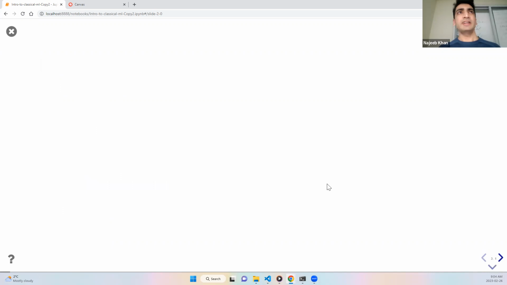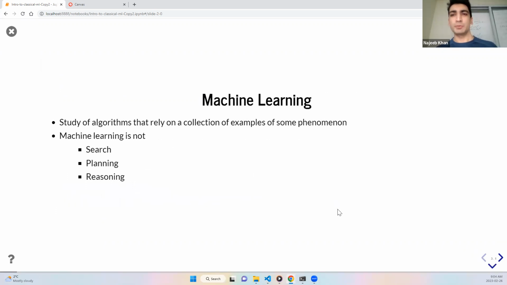So let's get started. What is machine learning? Since you are here, you might have a fairly good idea what machine learning is, but for the sake of completeness, machine learning is the study of algorithms that rely on a collection of examples of some phenomena.